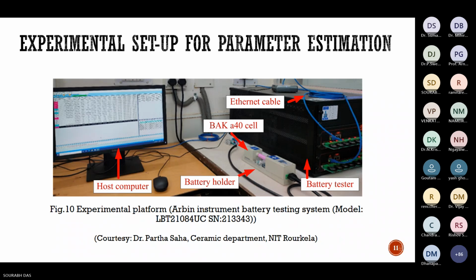And the current level is low, as we have a limitation: the voltage limit of this Arbin instrument is 0 to 5 volt only, and the current limit is 1 ampere. So we can collect the data, then there is the conversion, then we have to clean some data, and pre-processing the data is required.